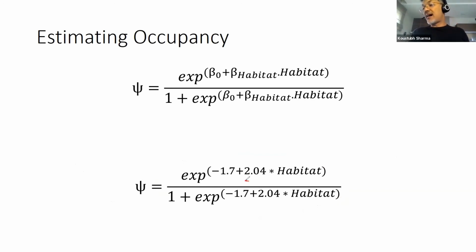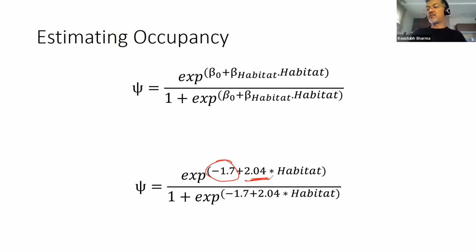It's saying that it's higher for those units where the habitat value is 1, and it's lower where the habitat value is 0. So what it's clearly saying is that it prefers those habitats which are predominantly green than those which are predominantly gray.